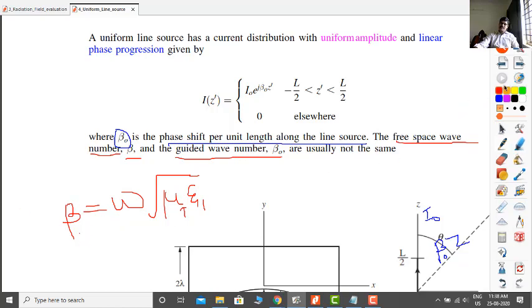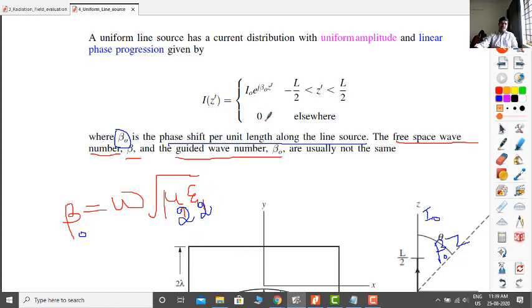For the medium concerned, this beta is beta 0. For beta 0, omega will be the same frequency, whereas the medium constants will be different. So for the given medium, mu will be mu 2 and epsilon will be epsilon 2. This is different from the free space medium parameters.